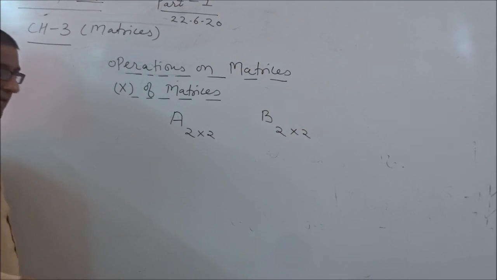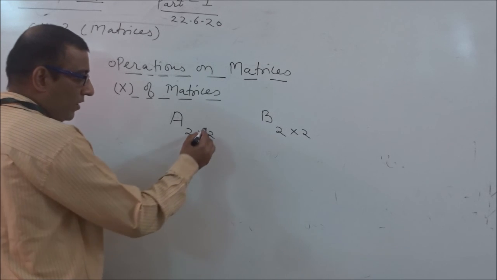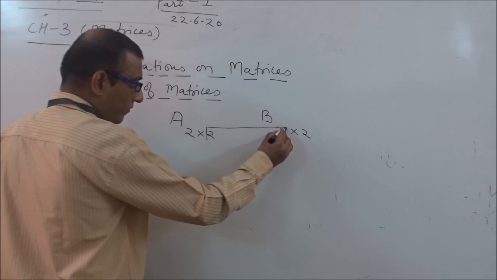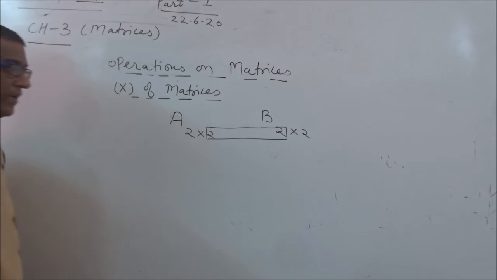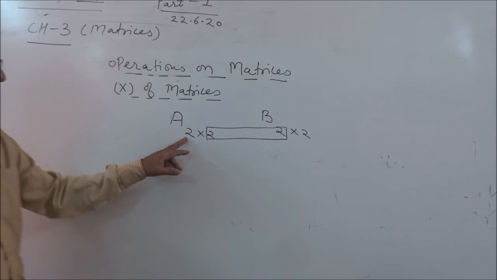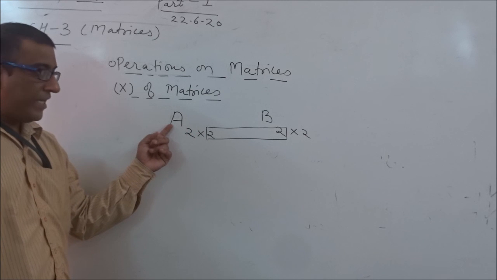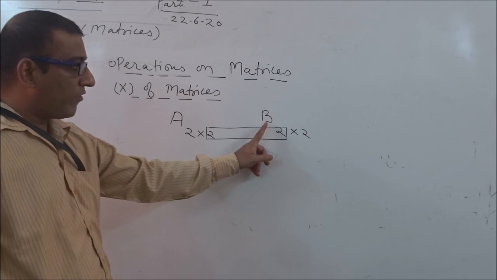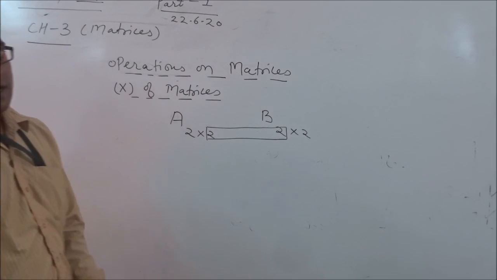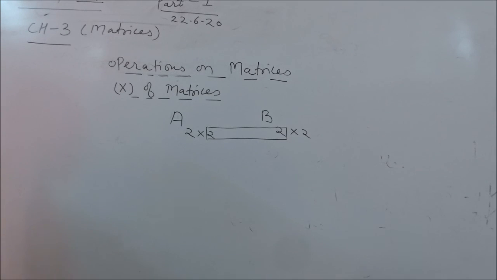Then we can say multiplication is possible. Why is it possible? Because these two are the same. This is your row, this is your column. It means the number of columns of matrix A is equal to the number of rows of matrix B. Then multiplication is possible, otherwise it is not possible.